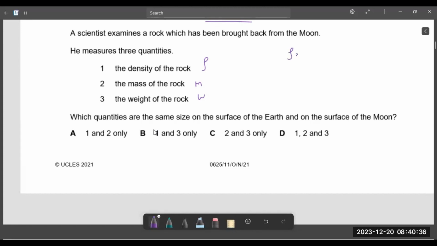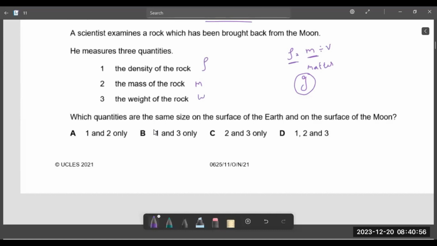Density means mass by volume. Mass is a measure of the amount of matter and it doesn't depend on gravity. So density and mass, these two quantities, are independent of gravity.